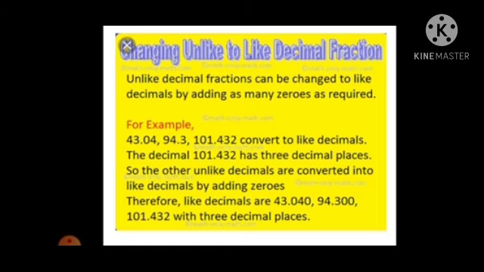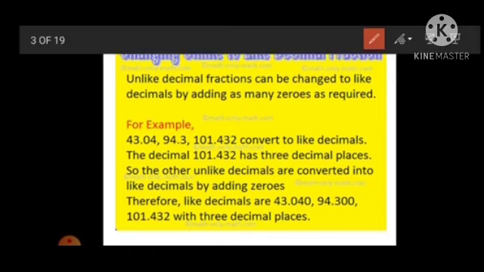So, for example, see here: 43.04, 94.3, 101.432. In this example, after the decimal point, here 2 decimal places, 94.3 has 1 decimal place, and 101.432 has 3 decimal places.